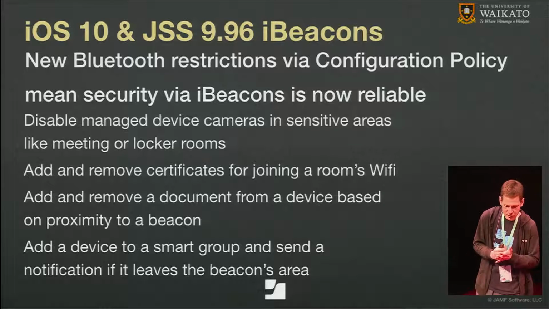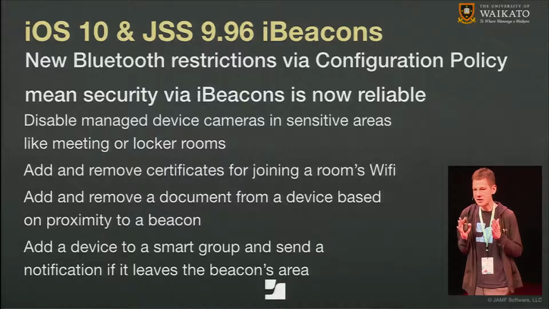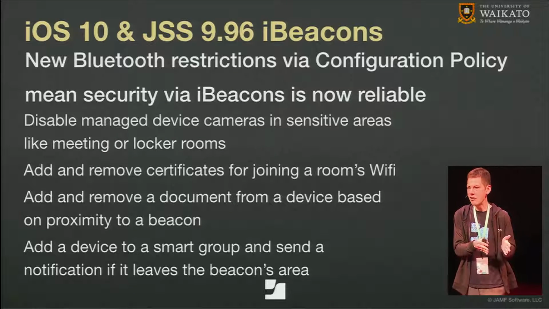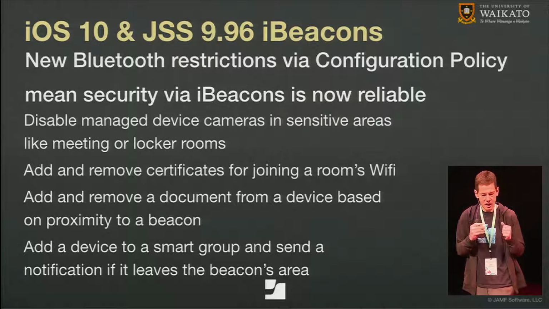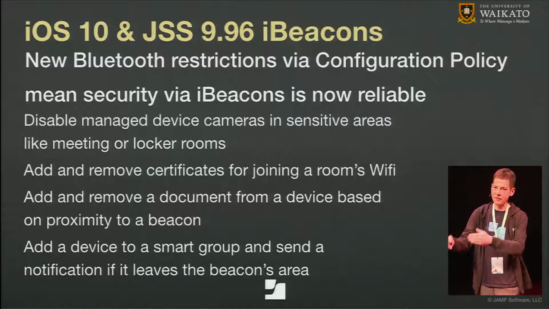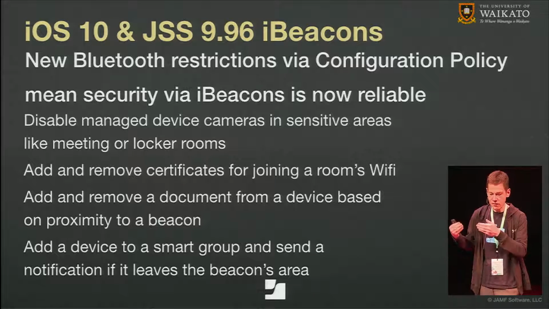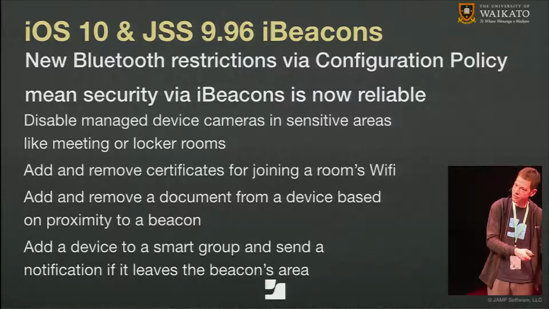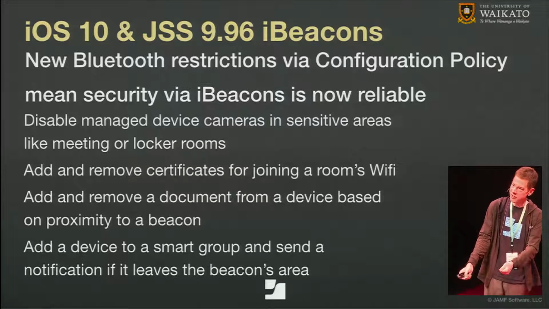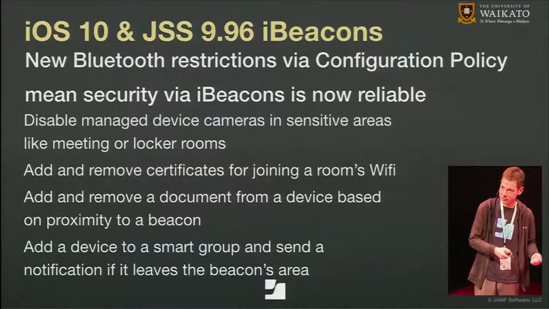You can do all kinds of wonderful things with them. You can tell it to disable cameras when you go into a particular room. You can add certificates for a Wi-Fi network when people come in contact with the beacon. You can make sure that documents that have been loaded onto devices are removed from the device when the machine can no longer see the beacon.